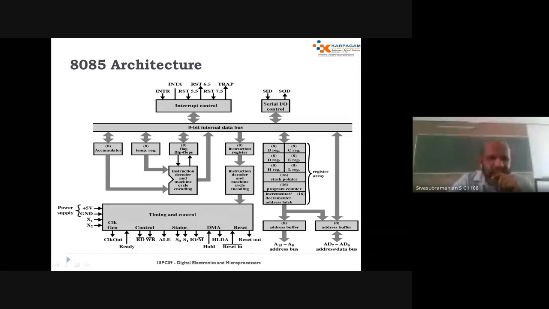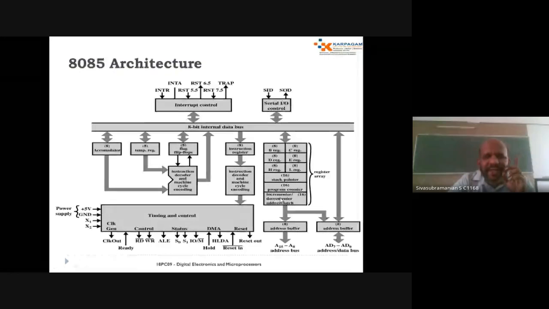The second one is your accumulator, temporary register, flags and instruction decoder, ALU, so that is your logical part. Then is your timing control. Then is your interrupt control on the top and your serial IO control. If you can remember these 5 functional components, this is based on the functionality of each and every block. So note down: the first block is the register section. The second block is the ALU section. The third block is the timing control, which is on the bottom. Fourth and fifth are the interrupt and the serial IO, right?